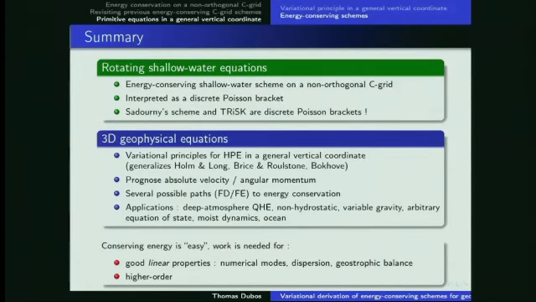Okay, so we have derived an energy-conserving scheme on a non-orthogonal C-grid, which can be interpreted as a discrete Poisson bracket, as were schemes that were designed earlier. And I have extended this variational framework to three-dimensional equations in a general vertical coordinate. So this generalizes previous work.